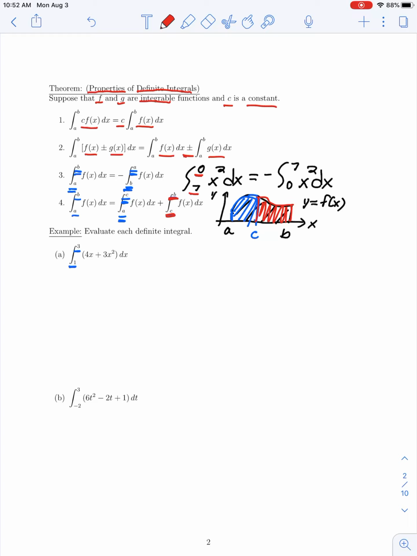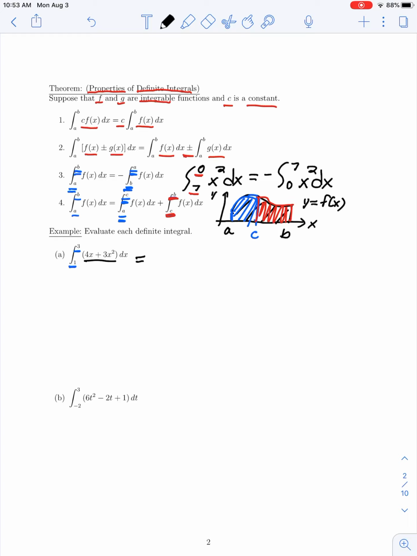So in part A, we're evaluating the integral of a polynomial. So it's a sum of a couple of terms. And property number 2 from our theorem says, well, we can find the definite integral piece by piece. Or, in other words, we could find an antiderivative of this function.